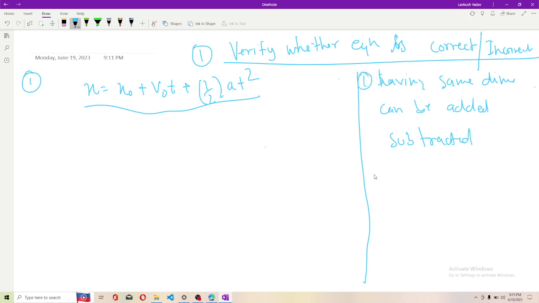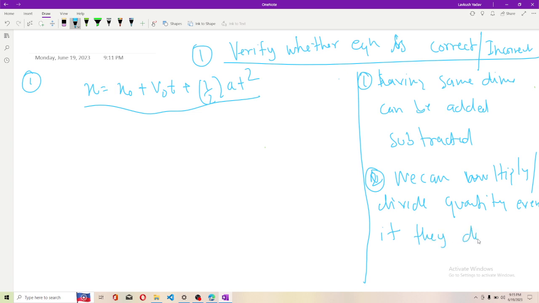If we have different dimensions, we cannot add or subtract them, but we can multiply or divide quantities even if they have different dimensions.